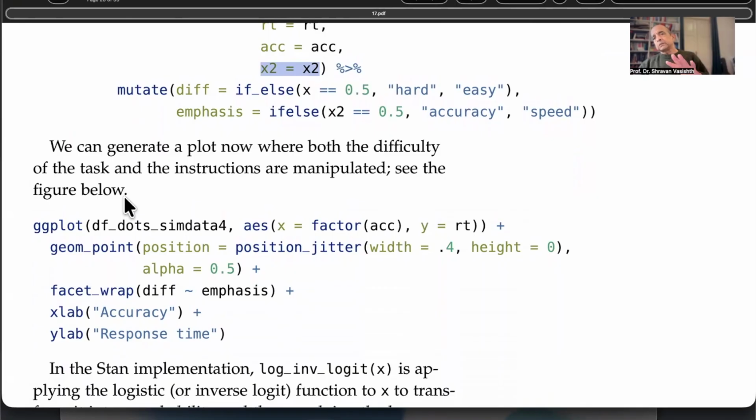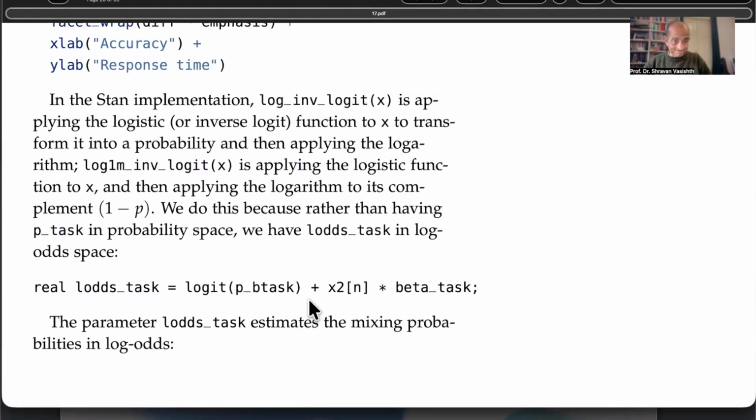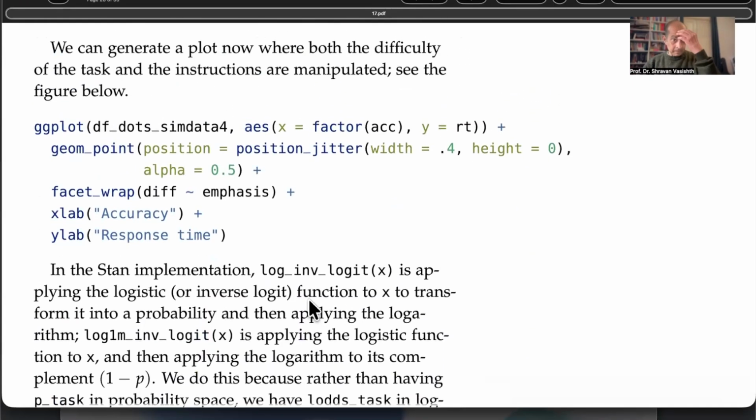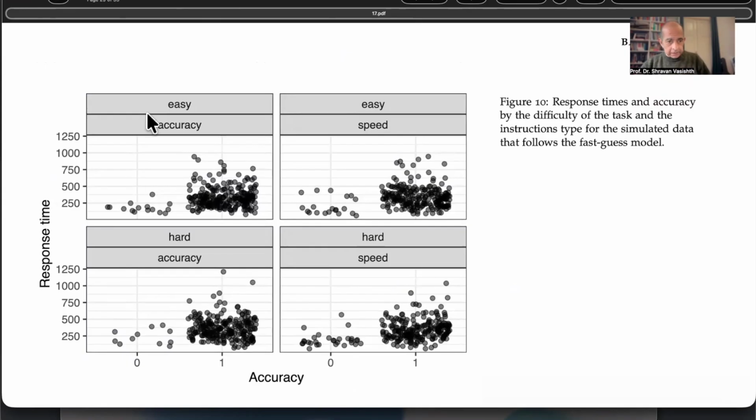Once we have generated the data, we can now look at the simulated data by facet, by easy and hard, in engaged versus, easy and hard in speed versus accuracy instruction settings. The plot should look something like this. Where's the plot? Here it is.